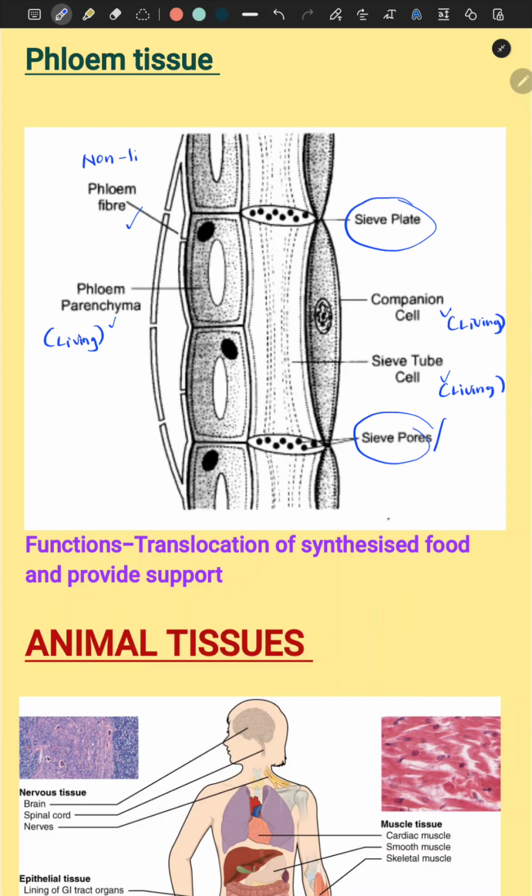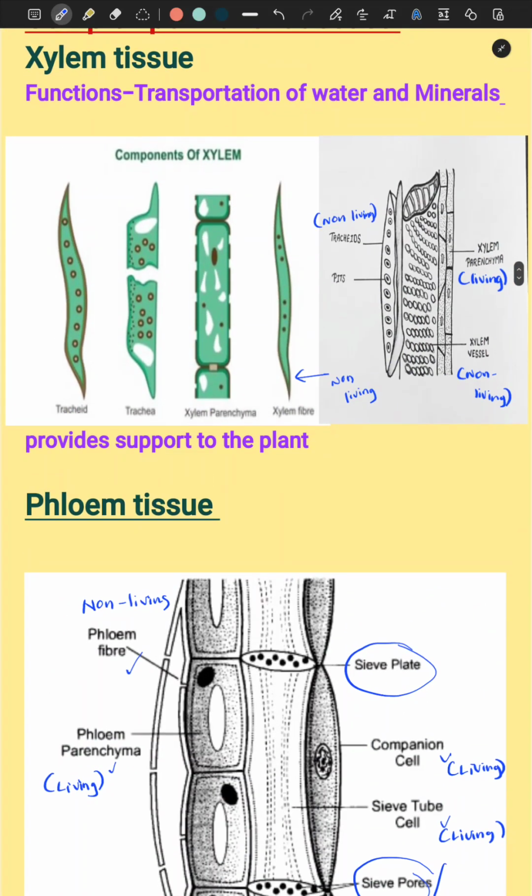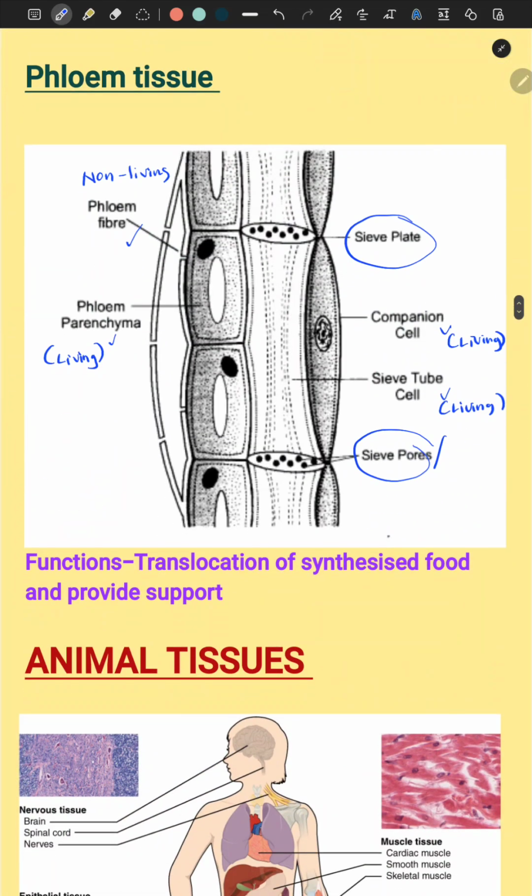In phloem tissue, it consists of 3 living cell types and 1 non-living cell type. If you remember, xylem tissue consists of 3 non-living cell types and 1 living cell type. But in phloem tissue, there are 3 living cell types and 1 non-living cell type. It is the phloem fibers.